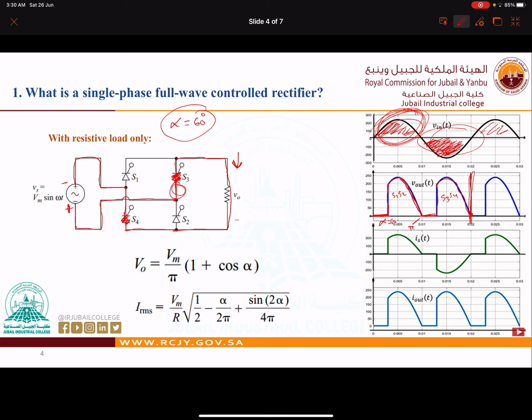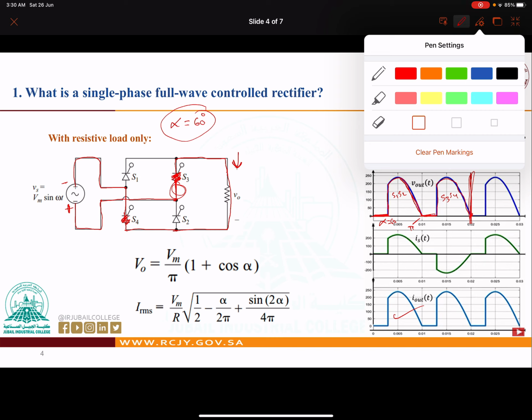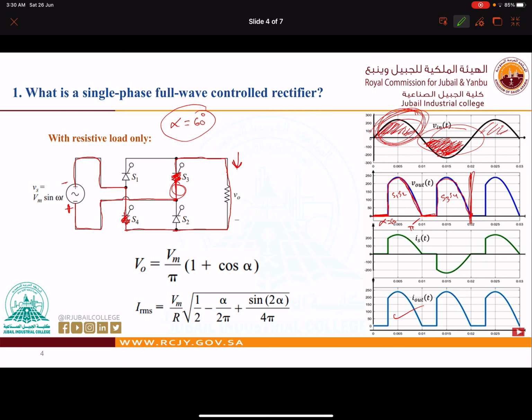Now, for the current, I will draw it here using the green color. In case of resistive load only, the current will start from the upper point, from the maximum, and go down to 0.